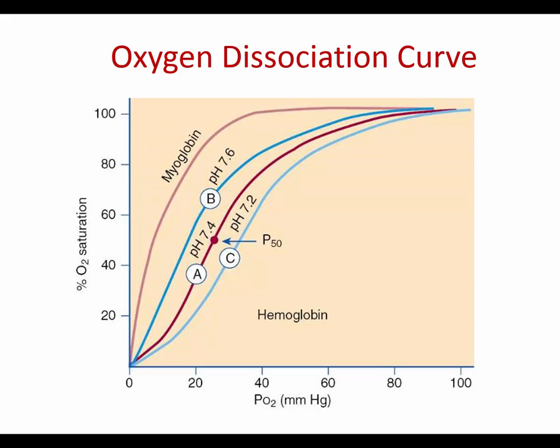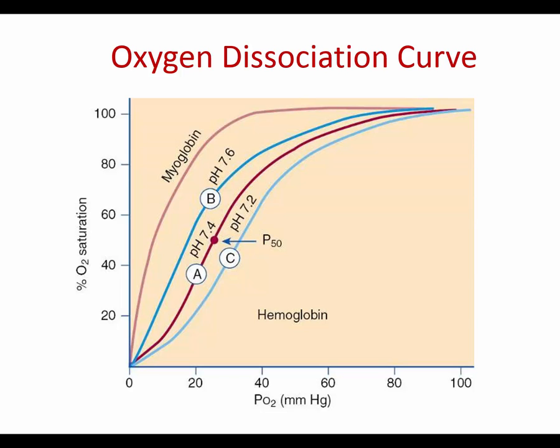If the level of the BPG goes up at the level of the tissue, what that's going to do is going to force the first hemoglobin molecule, when you are having this hemoglobin molecule with 4 hemes that is bound to the oxygen, when the 2,3-BPG comes and sits on the first one, it's going to kick out the first oxygen and is going to replace it.